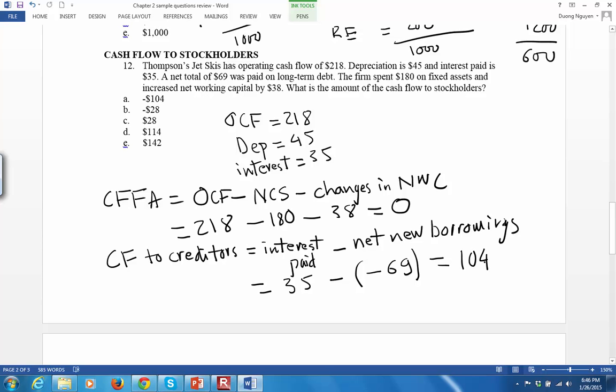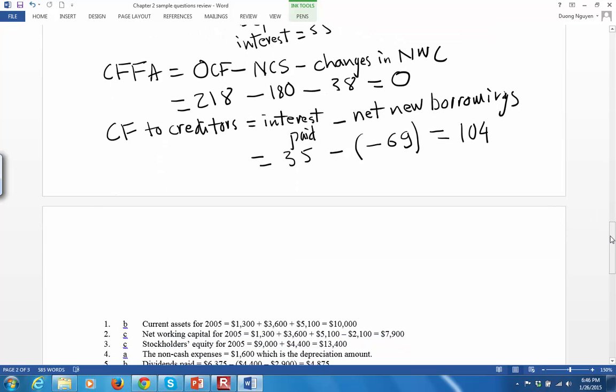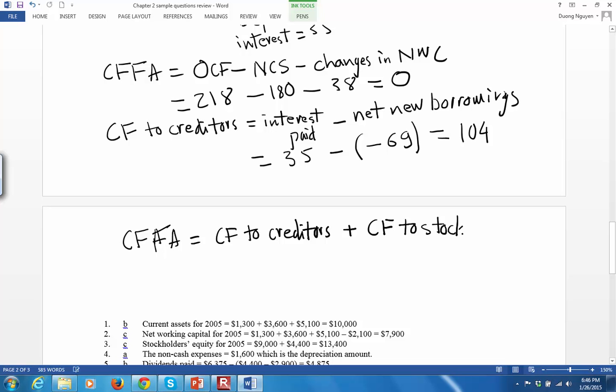And we know that the cash flow identity says CFFA is equal to cash flow to creditors plus the cash flow to stockholders.